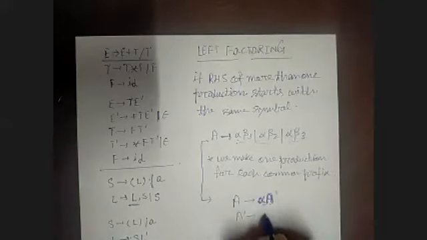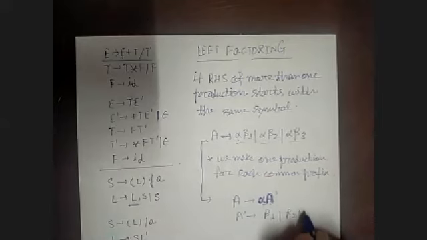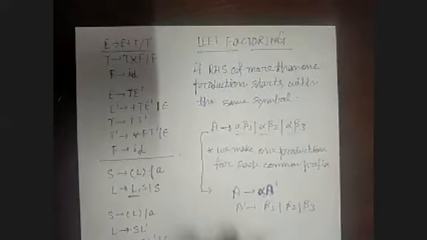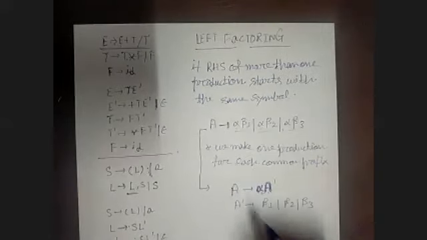A dash tends to beta 1 or beta 2 or beta 3. So the left factoring part is removed in this production with the help of this method. That is the technique to remove the left factoring. We create a new production for the different terminals and non-terminals, and the common part we keep in a single production.